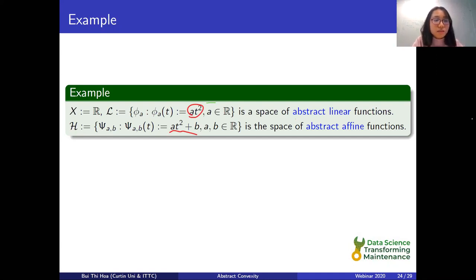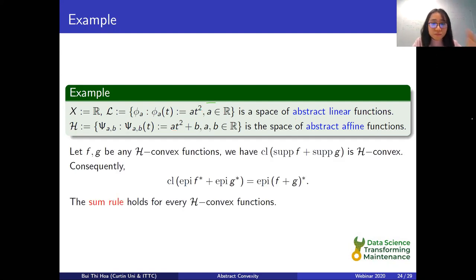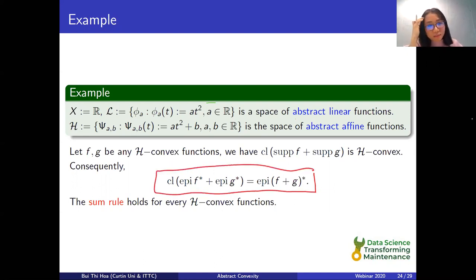And what is good about this space? We managed to prove that the sum rule holds. The way we prove the sum rule holds for this non-trivial example is that, instead of proving the sum rule alone, because it's a little bit complicated, we prove this equality instead.